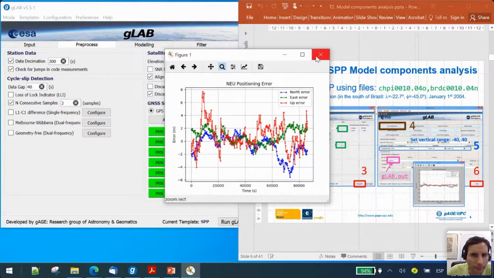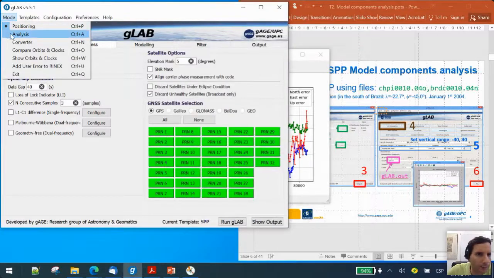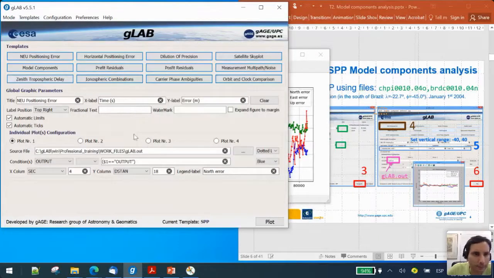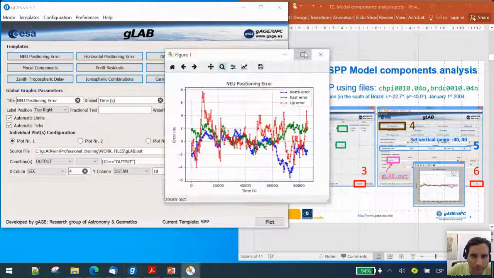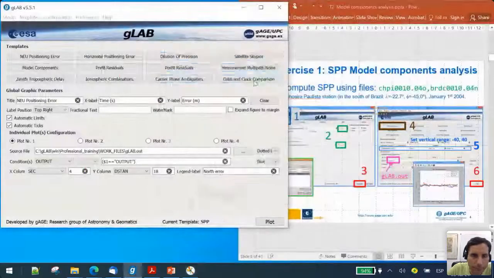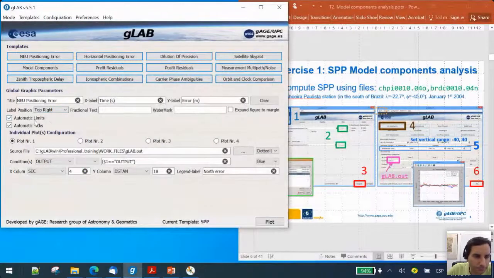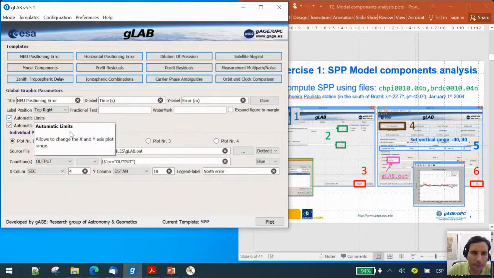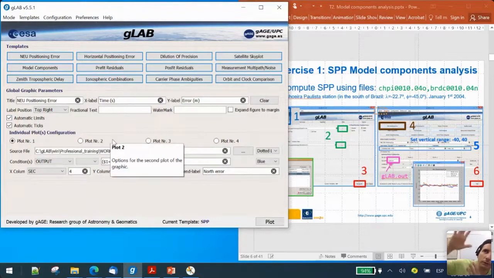Here, if we go back to the analysis, you can see that I have the automatic limits, so the plot is fitted to the data.